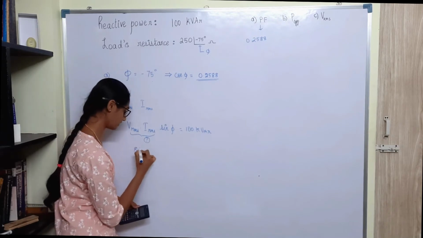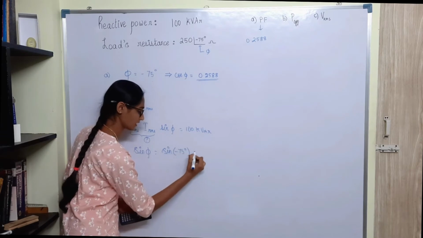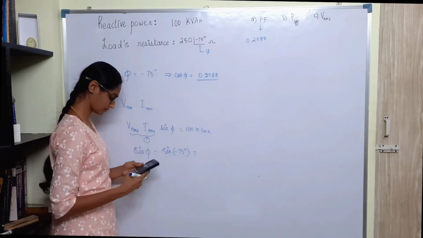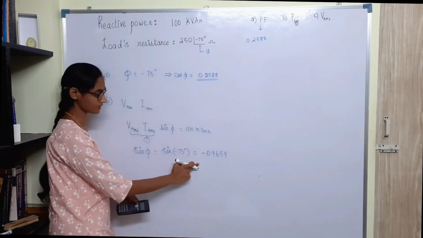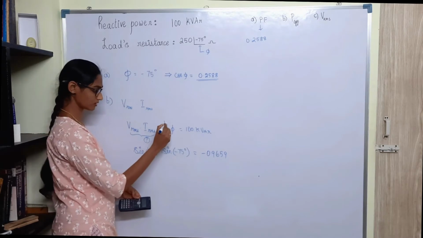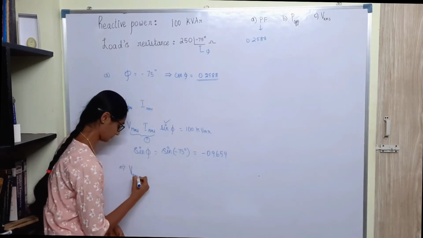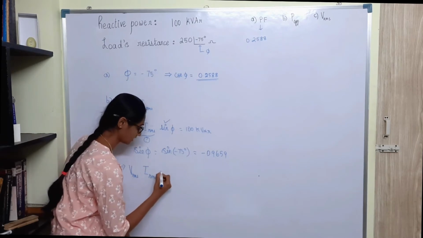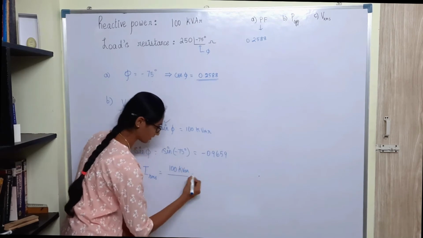Sin phi will be sin of minus 75, and this is the value of sin phi. Since we know this value, we can find this now. Vrms multiplied by Irms is equal to 100 kVAr divided by this.